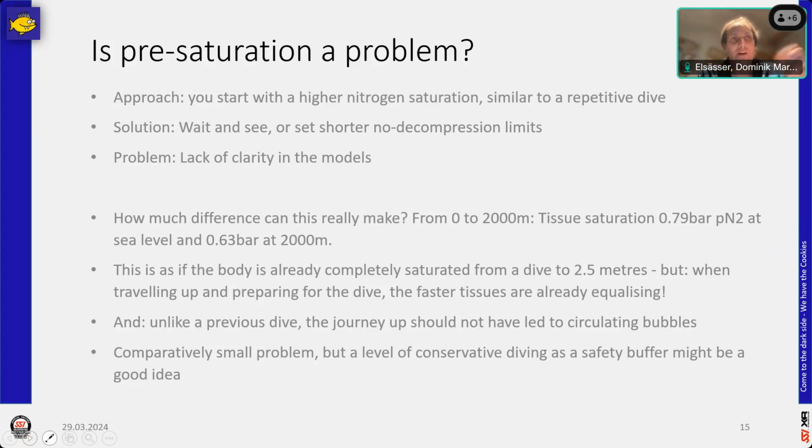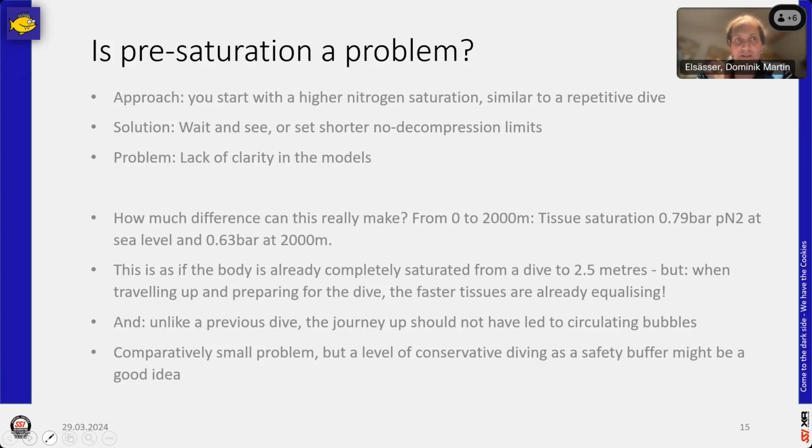Why? Because at sea level, your body is in equilibrium, saturated to sea level ambient pressure, so to 0.79 bars of nitrogen partial pressure. You carry this 0.79 bars upwards to lower pressure, so you arrive at the mountain lake already a bit supersaturated.